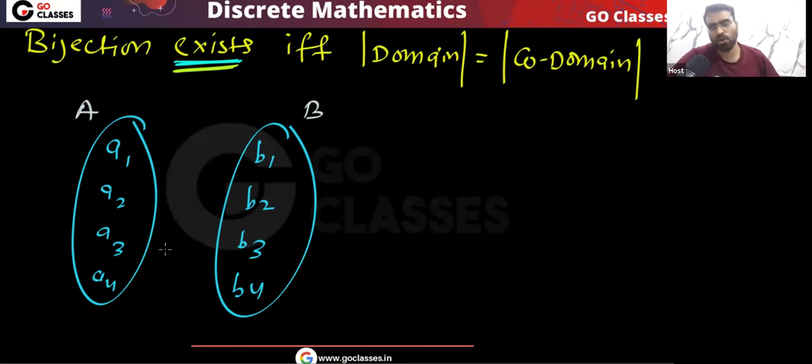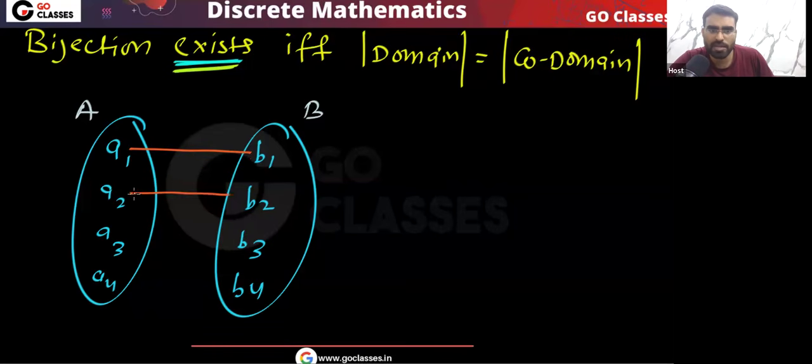How will the bijection look? See, the bijection will look like this. Notice one thing. Let's assume A1 is mapping to B1. Okay, can A2 map to B1? No, because bijection means injection also. So bijection means injection and surjection. So this cannot happen.